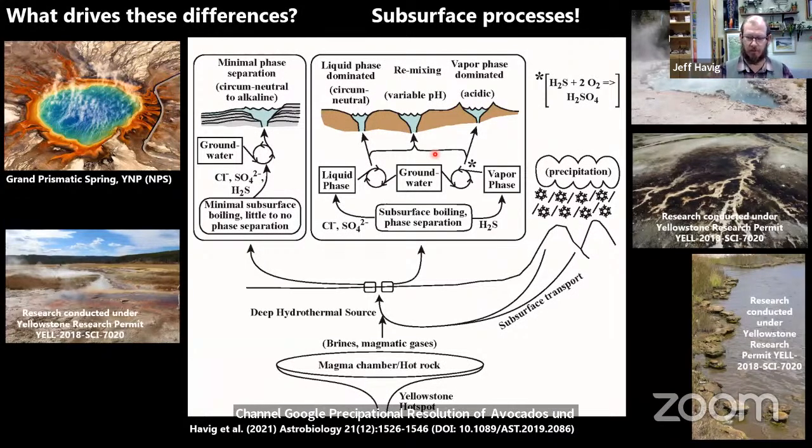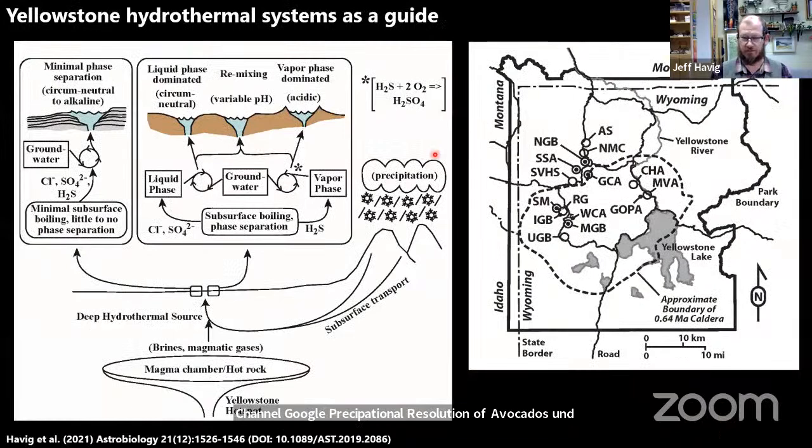But then what I want to do is transition to thinking about this in terms of geochemistry. And so just as a quick reference, we're going to be talking about water that has been collected from a wide range of hydrothermal systems. So here, this is the map of Yellowstone National Park. And then we have the most recent caldera forming eruption caldera outlined here.